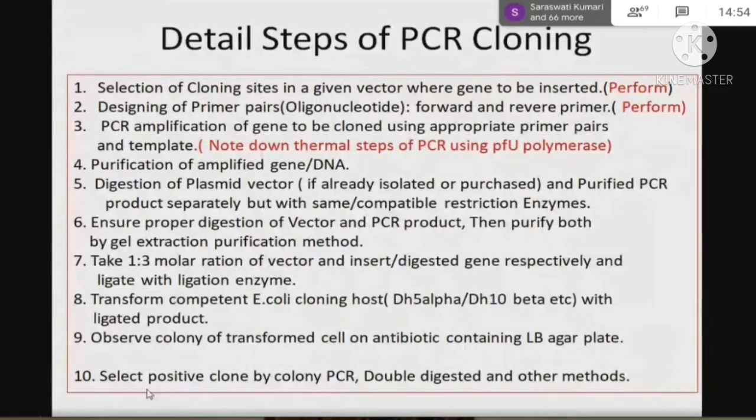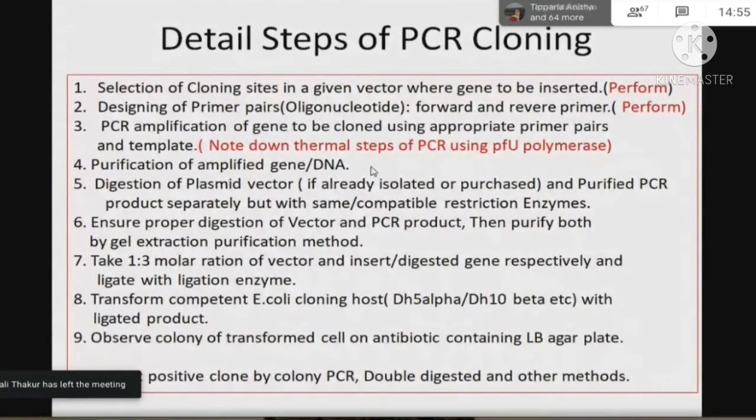So there is a possibility that you are targeting your gene to be amplified, but you may get non-specific amplification also. So how can you find out? Suppose you have performed a 50 microliter PCR mixture. Take 5 microliter and run on gel. On gel you will find whether you are getting only the band you desired to amplify, which you can find out through the molecular weight marker.